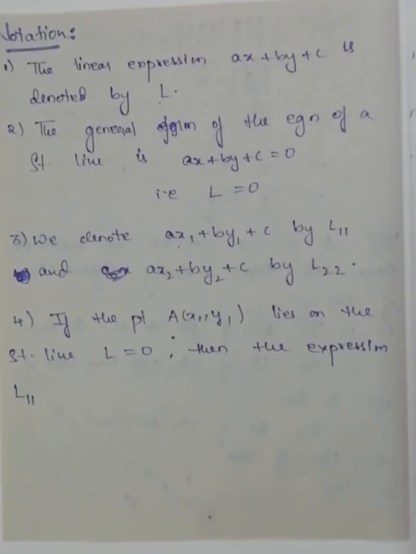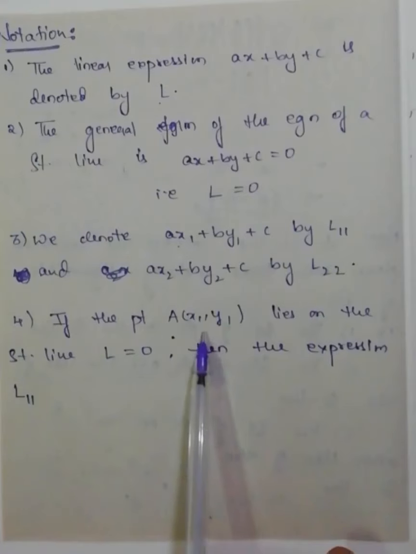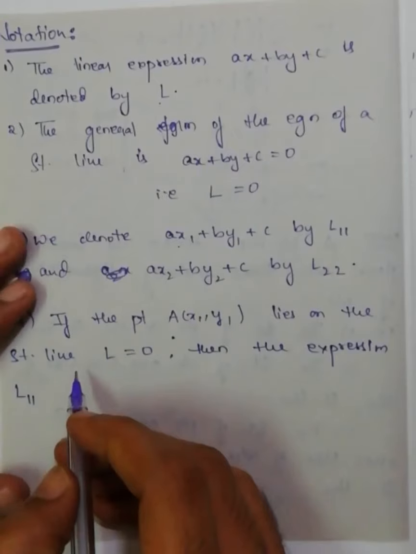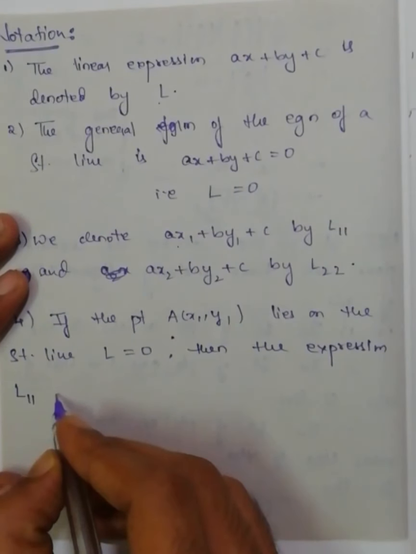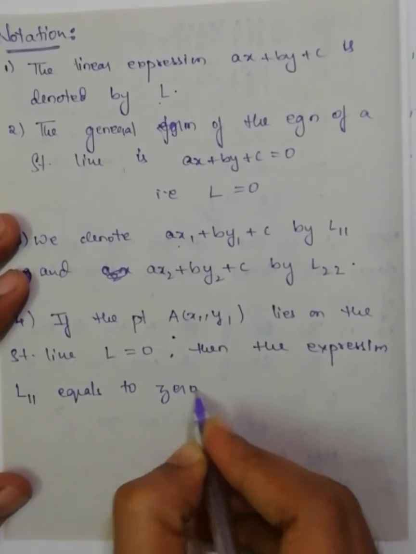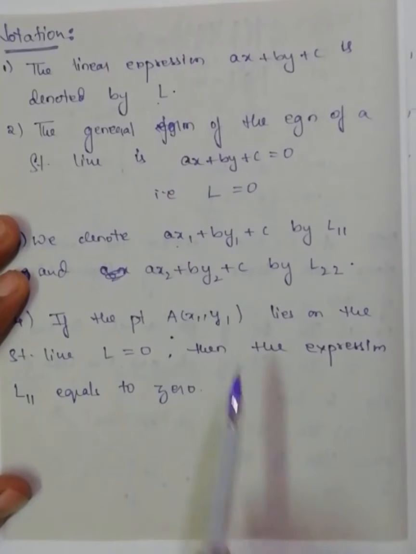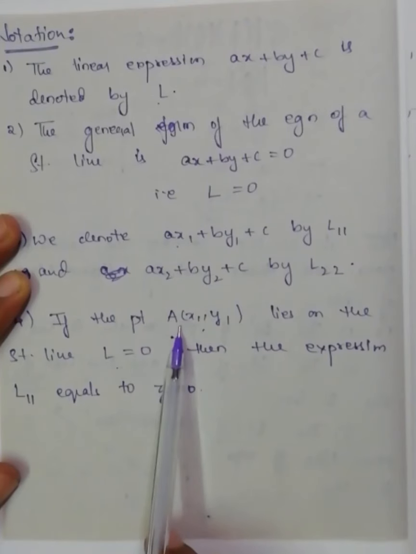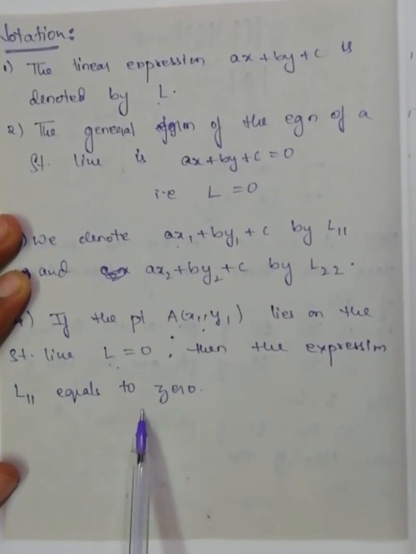Means in place of x I am substituting x1, in place of y I am substituting y1. After substituting, we again get ax1 plus by1 plus c is equal to 0. If a point lies on this line, then we will get L11 is 0. If the point does not lie on this line, then it does not become 0.